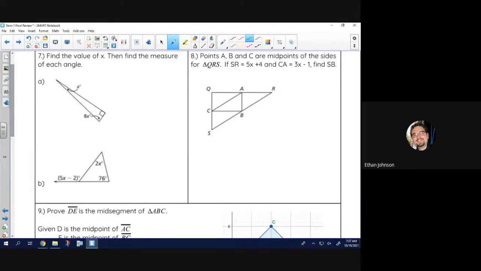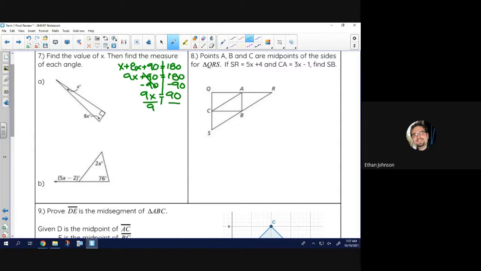Seven, find the value of x and find the measure of each angle. Well, I know all interior angles of a triangle add to 180. So I know that x plus 8x plus 90, that box, equals 180. Combine like terms, so 9x plus 90 equals 180. Subtract 90 from both sides, so 9x equals 90.